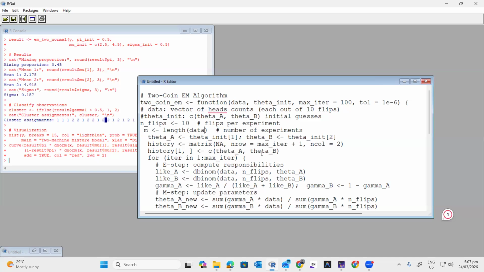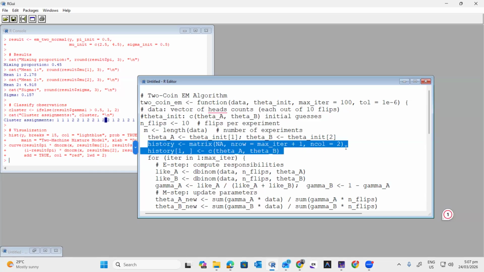It will store the parameter values across all iterations. All right. Because before that we have the history, we are creating a null matrix here, with maximum iteration plus 1 rows and number of columns equal to 2.